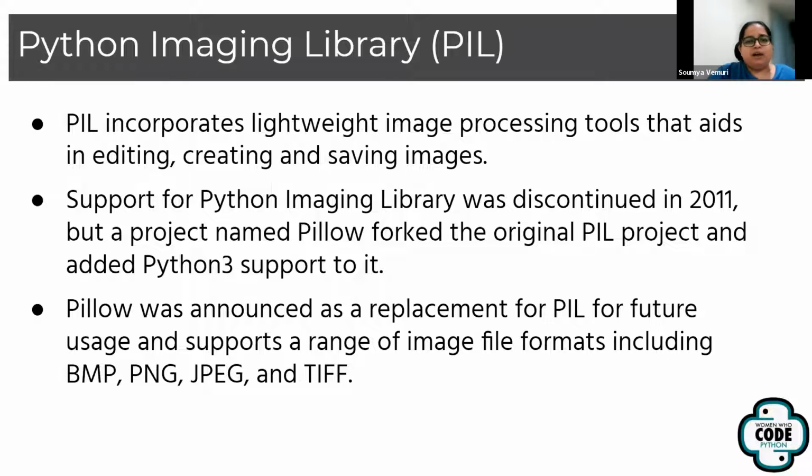Support for PIL was discontinued in 2011, but a project named Pillow was forked from the original PIL project, and Python 3 support was added. Today we know Pillow as the replacement for PIL for future usage, and it supports a range of image file formats, including BMP, PNG, and JPEG.